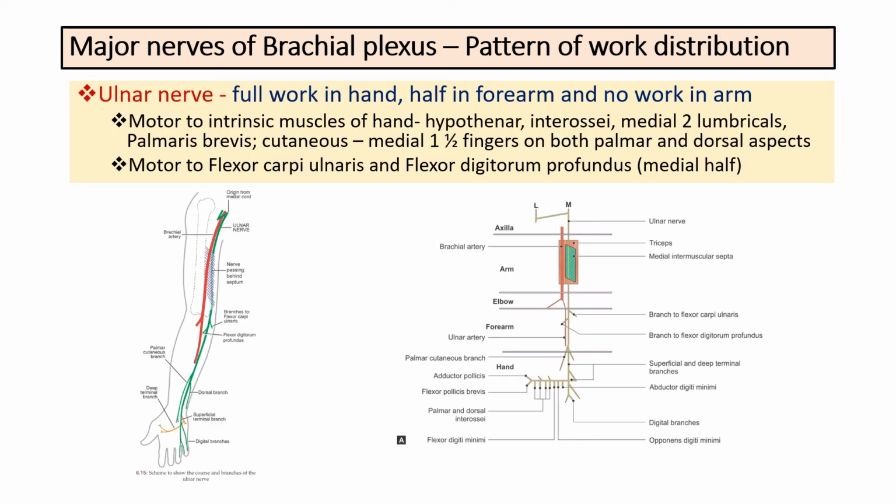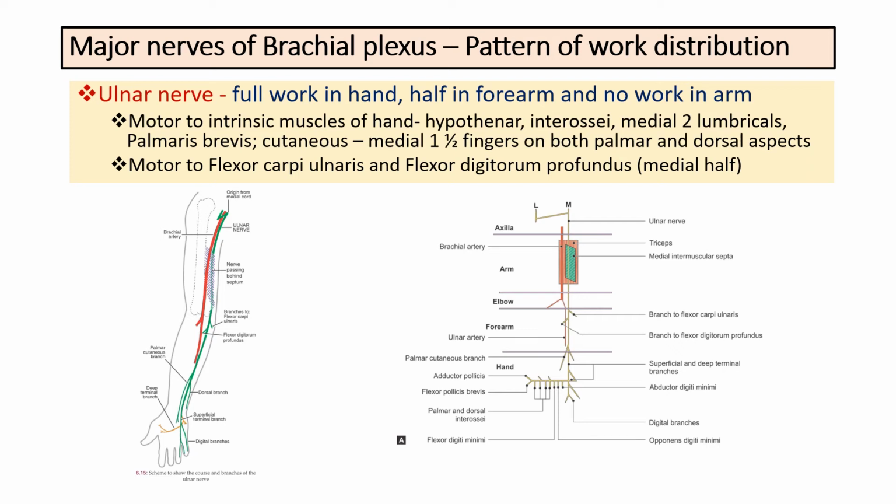Now if you read the course of the ulnar nerve, which is a branch of the medial cord of brachial plexus, it has to supply the flexor compartment only, or the anterior aspect, because it is coming from the anterior divisions.